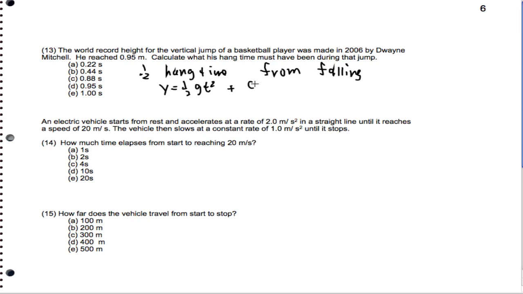If we're at the top, falling, we have an initial speed of 0. And y naught we don't know. y is where we land, which is on the ground, and that will be 0. So now we can put in 0.95 here. When we do that, we get negative 0.95 equals, putting in negative 9.8 for g, negative 4.9 times t squared. And now we can do the math. We can solve for t.